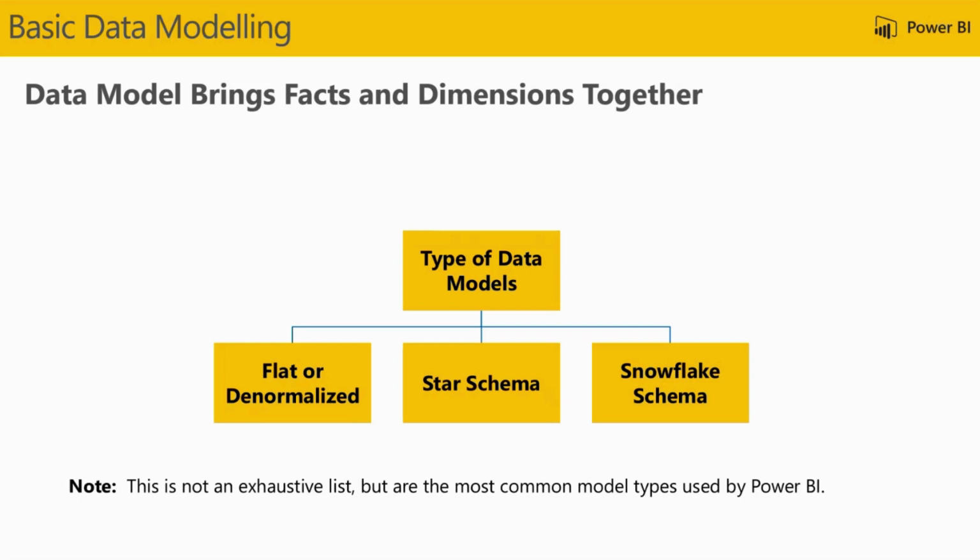There is also something called a snowflake schema, wherein you have multiple levels of dimension tables. So you have one fact table, which is connected to a dimension table, and that dimension table in turn is connected to yet another dimension table.